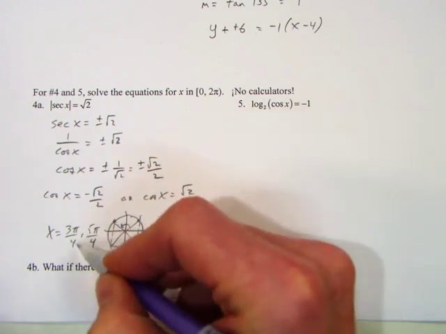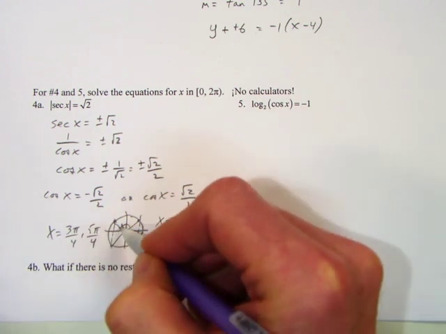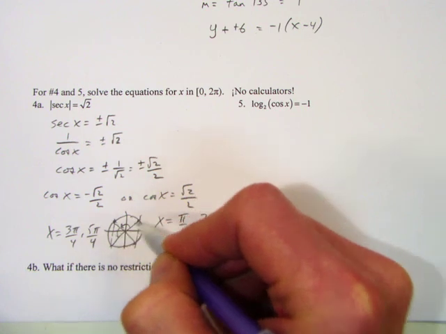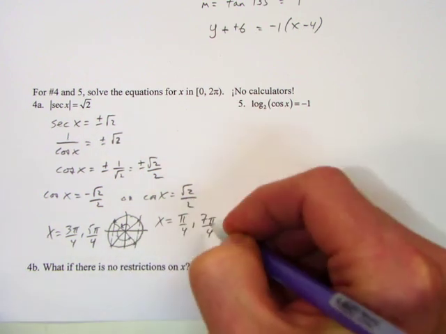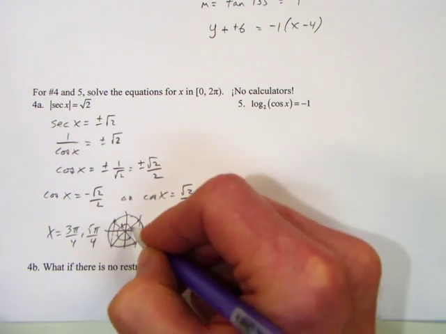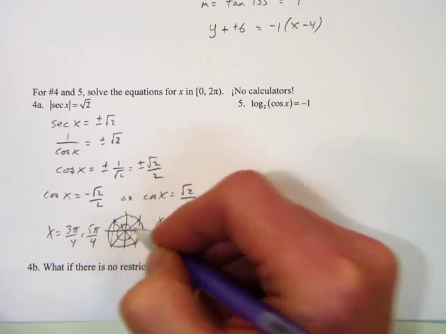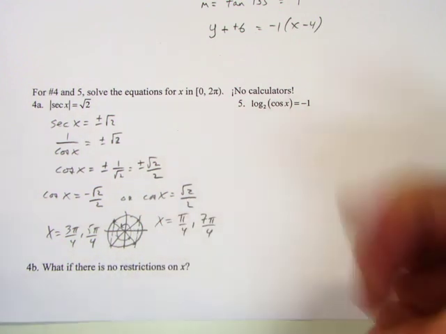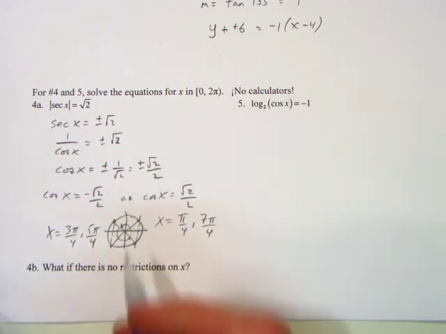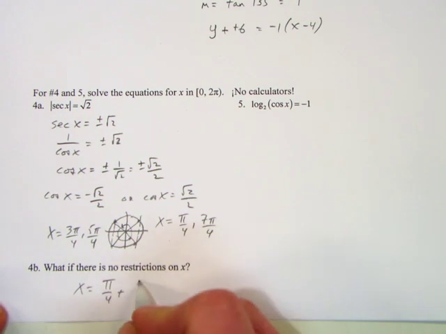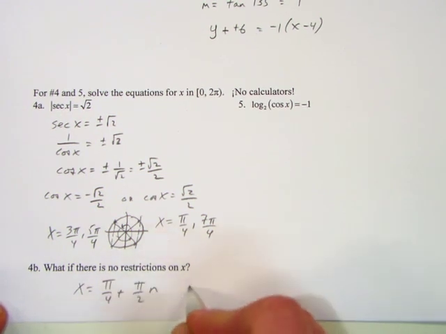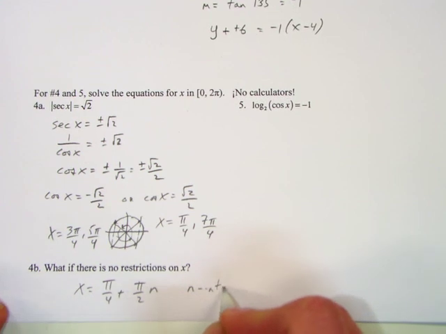From 3 pi over 4 to 5 pi over 4 is 2 pi over 4. From 5 pi over 4 to 7 pi over 4, 2 pi over 4. 7 pi over 4, and then up to this angle there would be another 2 pi over 4. So they all have the same difference between them. So x can be written as pi over 4 plus 2 pi over 4, which is just pi over 2 n, where n is an integer.